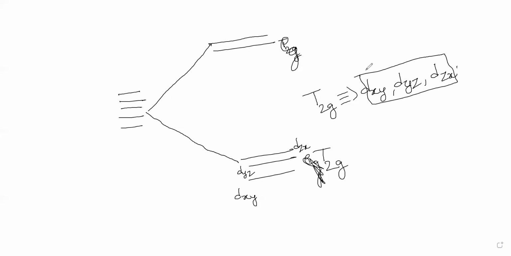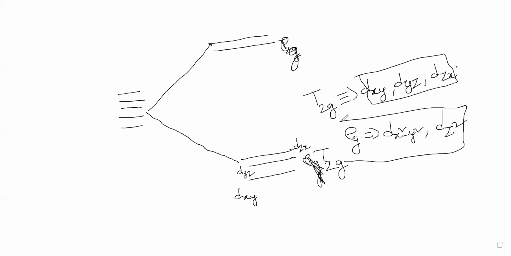Similarly, Eg refers to two orbitals, which are dx square minus y square and dz square. You remember these two as two sets. That's easy for you to remember.